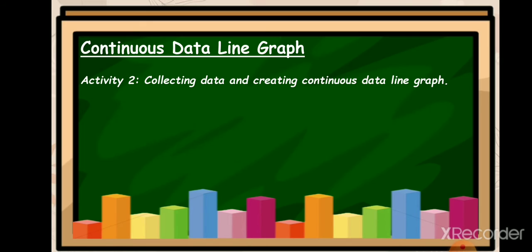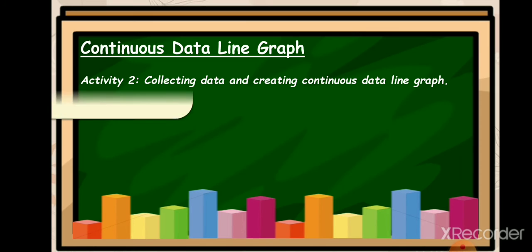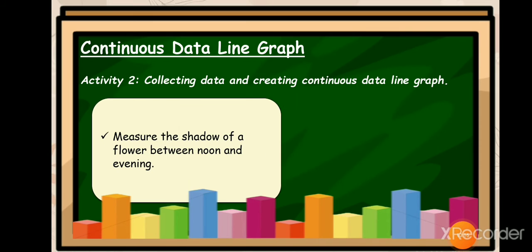Okay. So let us see what a continuous data line graph is. What we're going to do is to collect data and we will measure the shadow of a flower between noon and evening.